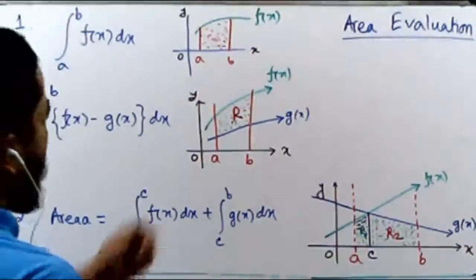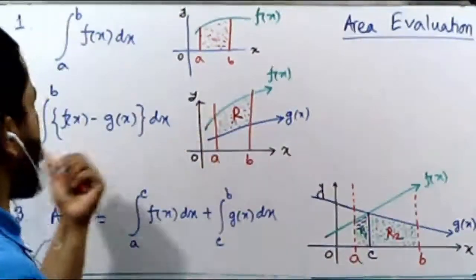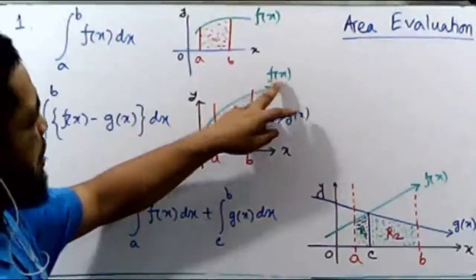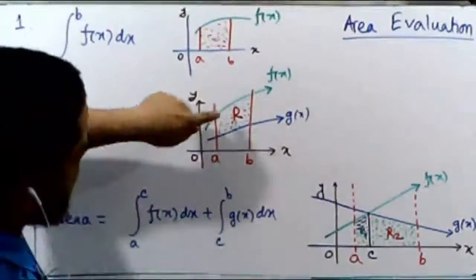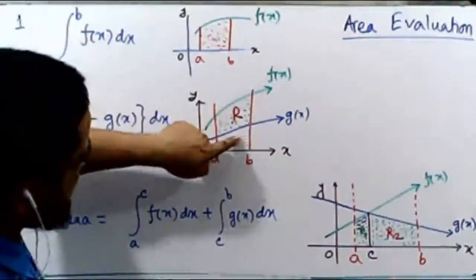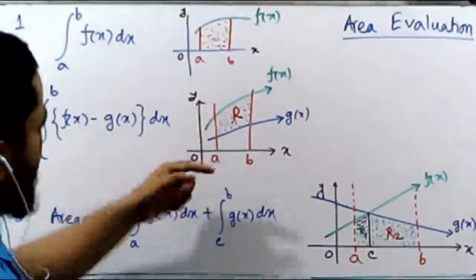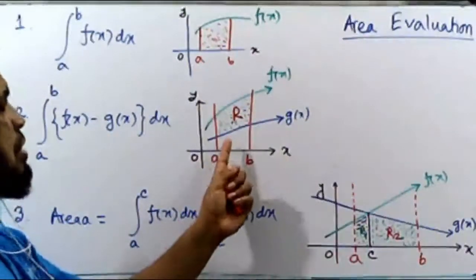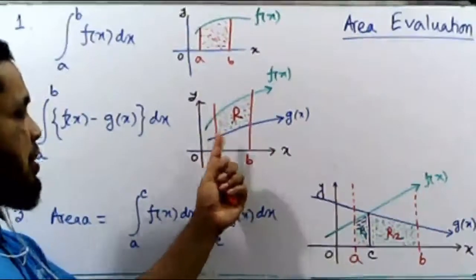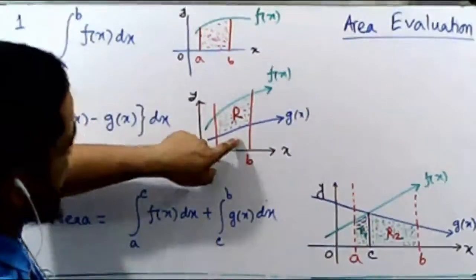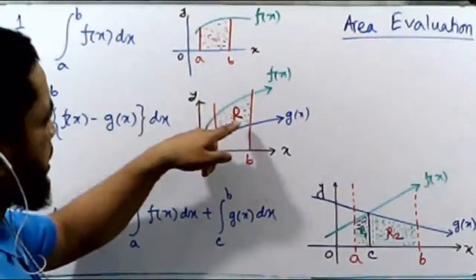So at this time, what is the area? Actually, if you calculate only f of x, you will get the area which will be this dotted region plus this blank region. And if you calculate g of x only, you will get the blank region. So if you subtract from first area the second area, then you will get the dotted area.